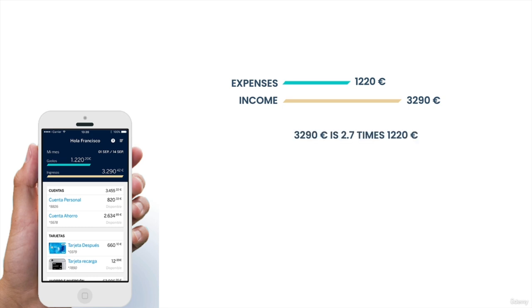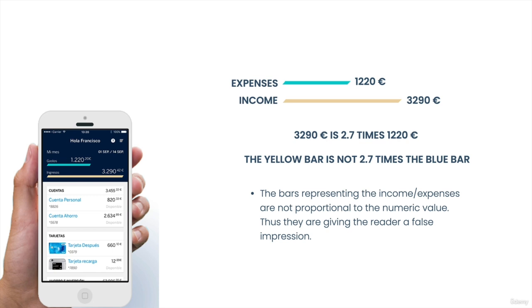If we calculate the ratio, the income is 2.7 times the expenses. But as you can see, the yellow bar is not 2.7 times the blue bar. It's not even the double. So here we have another sort of problem, which is that the bars representing the income and the expenses are not proportional to the numeric value. So they are giving the reader a false impression.